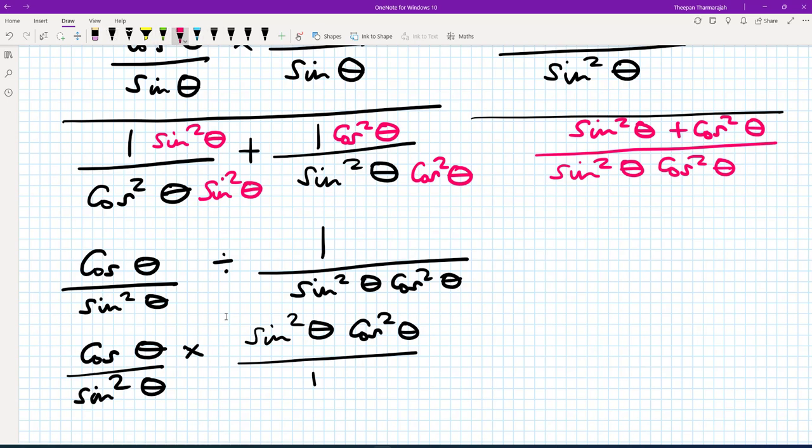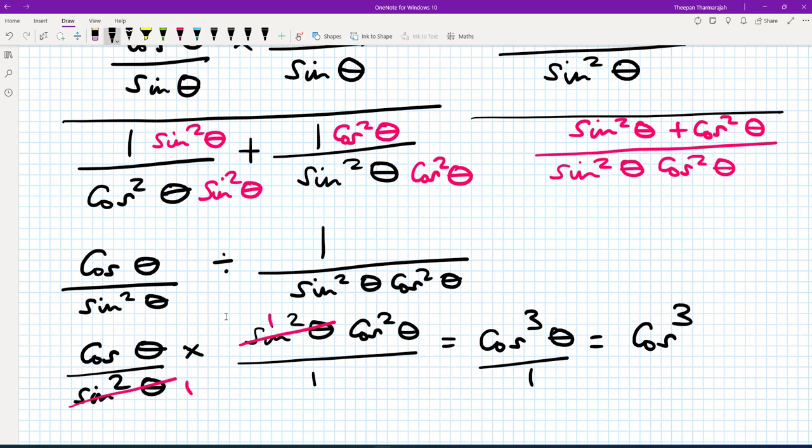Then the sine squared theta and this sine squared cancel out, so I get cos theta times cos squared theta to give me cos cubed theta over 1, which is identical to cos cubed theta, which is what we have on the right hand side.